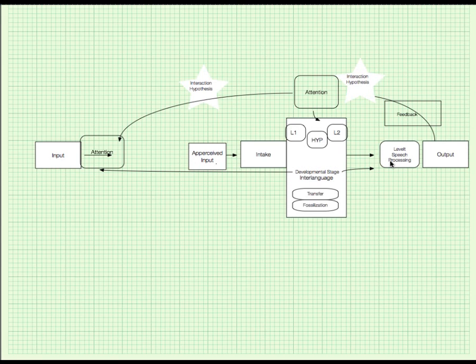And of course this is one of several speech production or speech processing models.